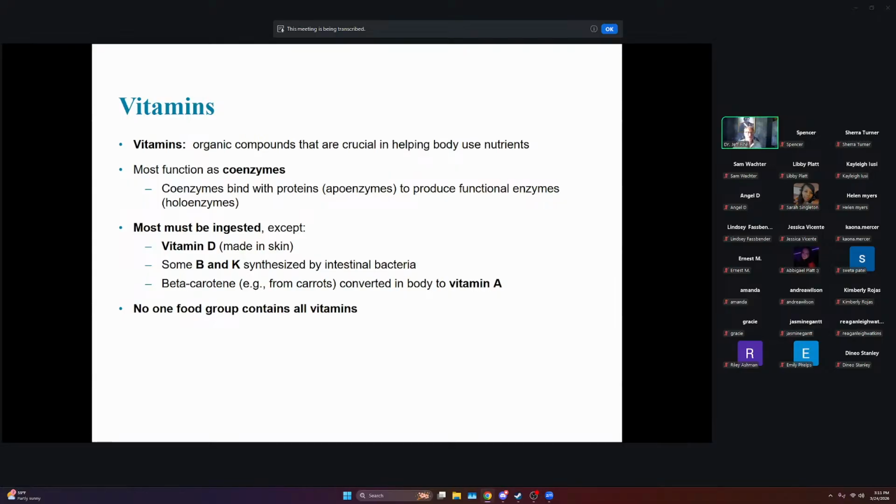Okay. So most of our vitamins are absorbed either from food, beverage, or a vitamin supplement, a daily multivitamin, for example. You can get all of your vitamins and minerals, for the most part, that you need from a daily multivitamin.